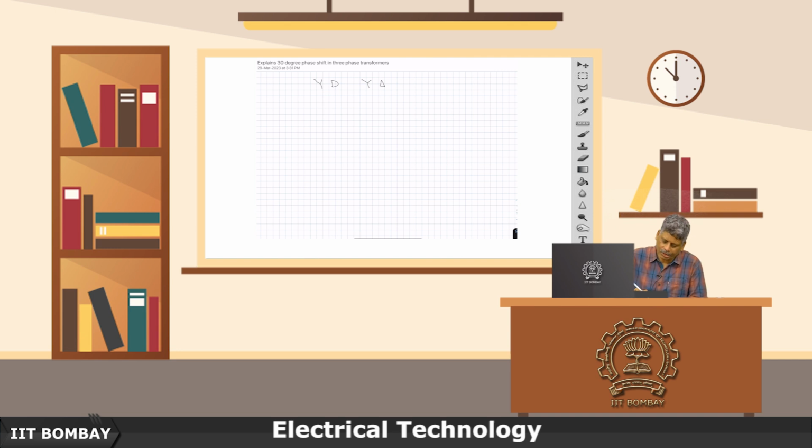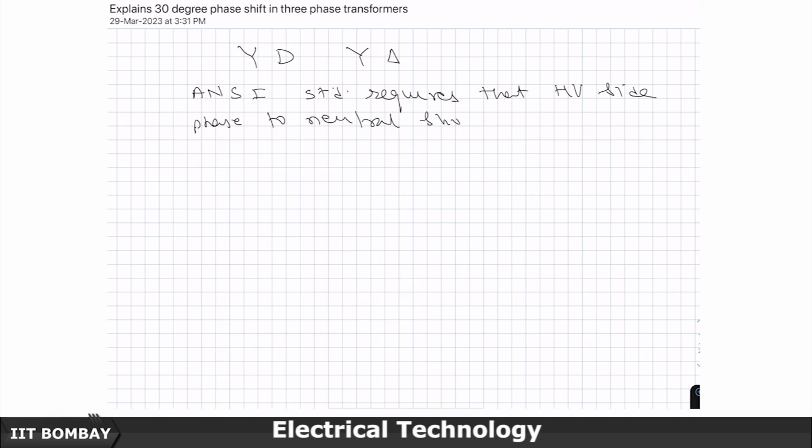As I told you in the previous lecture, the ANSI standard requires that the HV side phase to neutral should lead the corresponding LV side phase to neutral by 30 degrees.